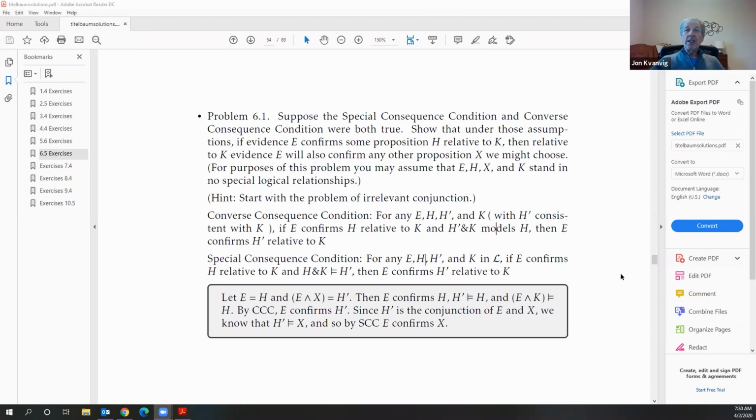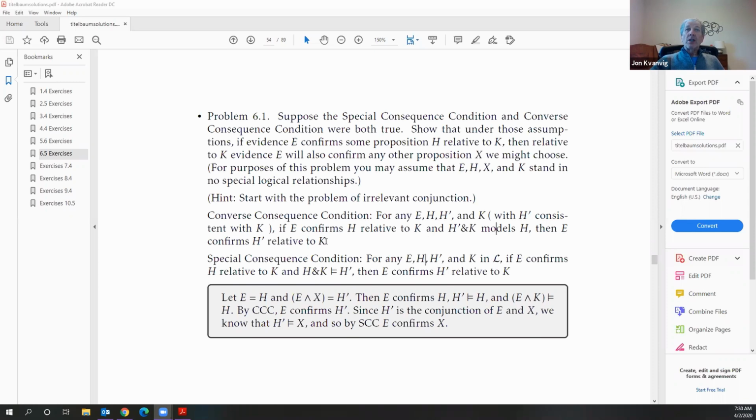Special consequence condition says if E, H prime, and K have this feature, E confirms H, and H and K models H prime, then E confirms H prime as well. So notice when you put the two together, you can go back and forth from H to H prime, depending on which one entails the other.